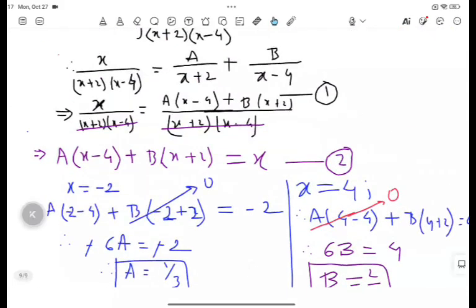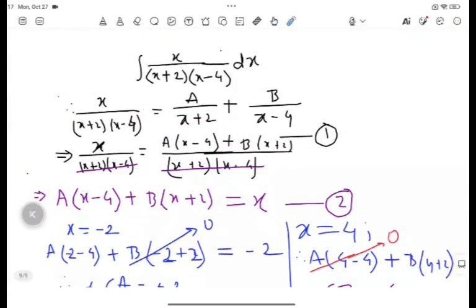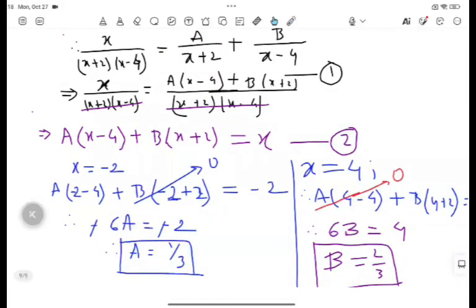So what we did here is we just plugged in the value of a and b in this portion. So the original fraction has now become this, and a and b, we found by using the property that this equation will be an identity. So we got a to be 1/3 and b to be 2/3.